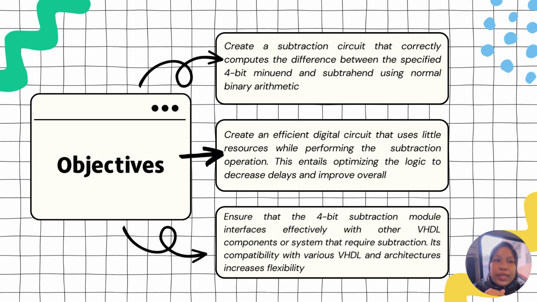This also entails optimizing the logic to decrease delay and improve overall performance. Lastly, ensure that the 4-bit subtraction module interfaces effectively with other VHDL components or systems that require subtraction.